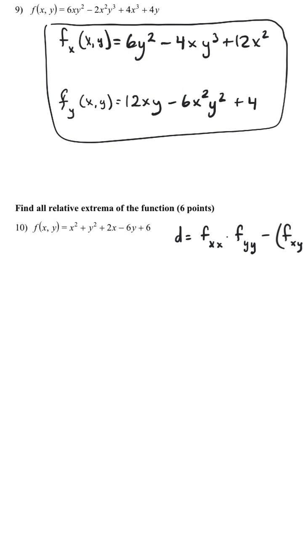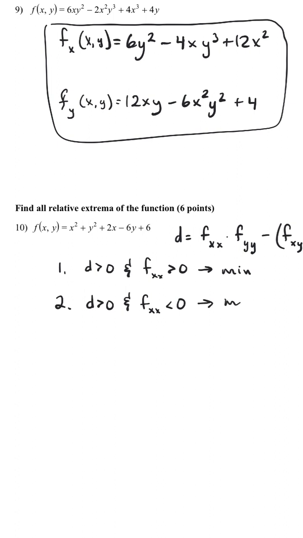We call that a saddle point. So if d is greater than 0 and this second partial derivative is greater than 0, it's a minimum. If d is greater than 0, but that second partial derivative is less than 0, it's a max. If d is less than 0, then it's a saddle point.